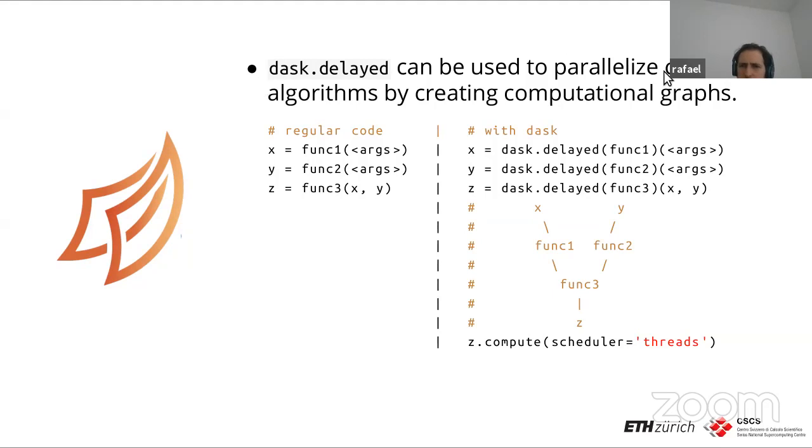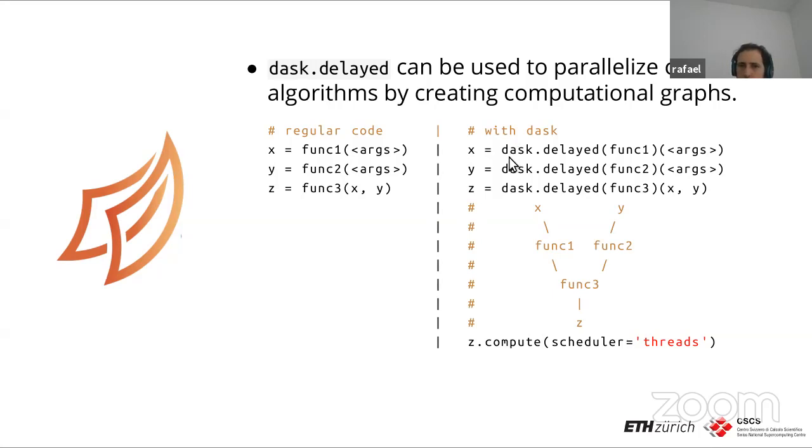delayed: instead of running the function directly, you wrap it with Dask delayed. You pass the same arguments, but the function is wrapped by Dask delayed. And like this, with every one of these lines you're not going to run anything, you're just going to declare a computational graph.